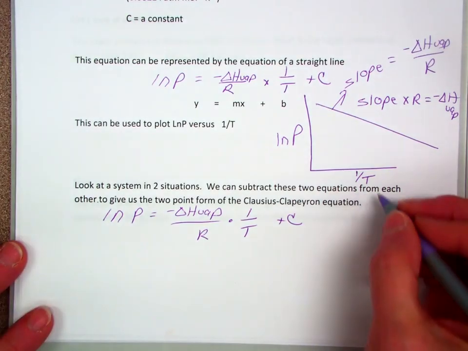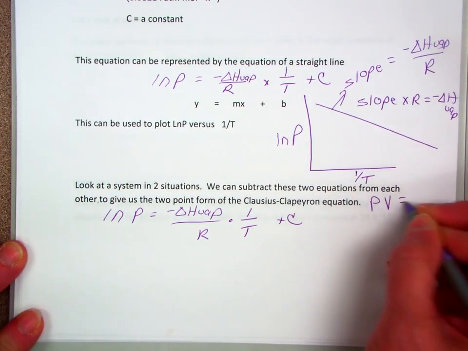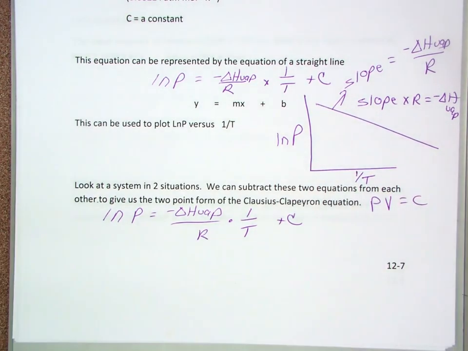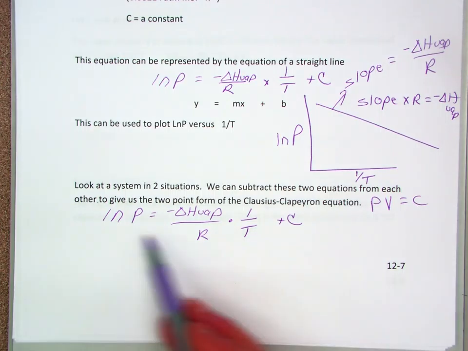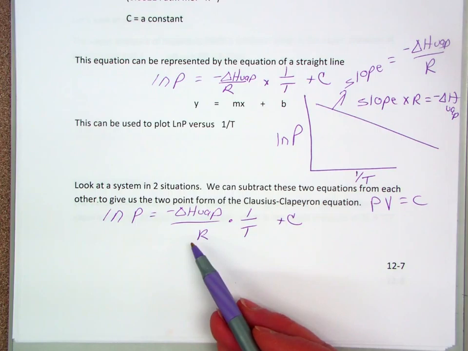The difference there was Boyle's law was PV is equal to C. Well, here with the Clausius-Clapeyron equation, we're adding C. So we can't set this equal to something in a two-point form.